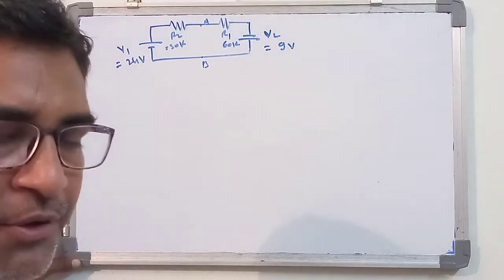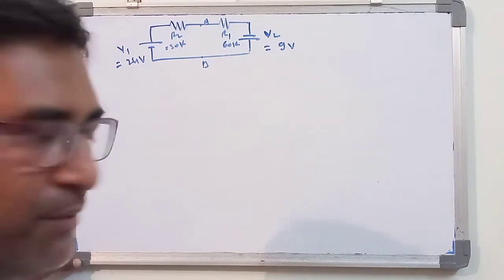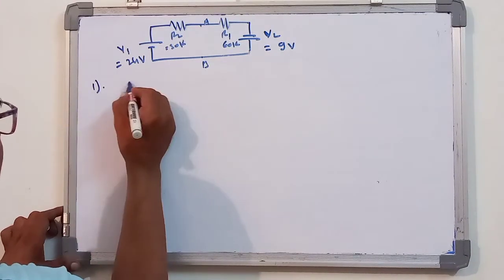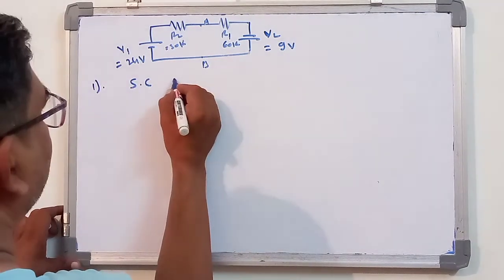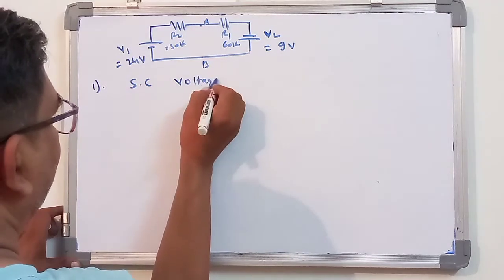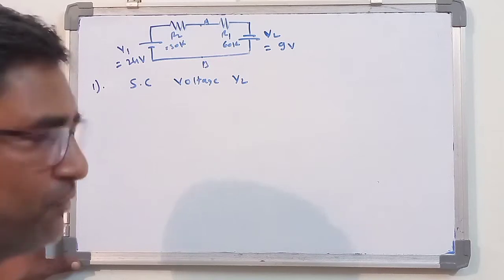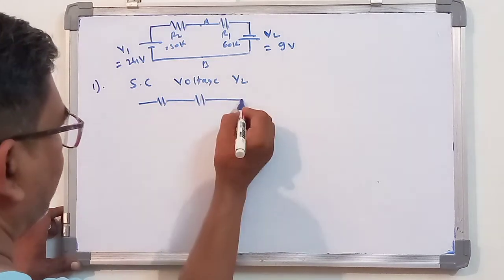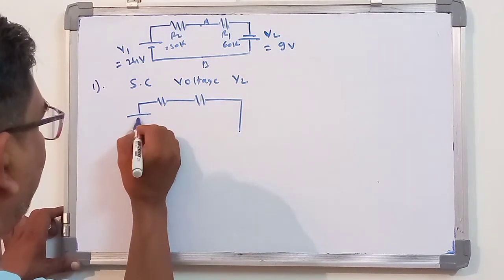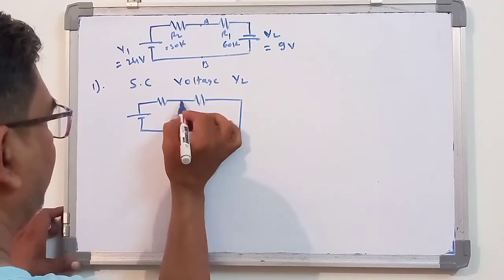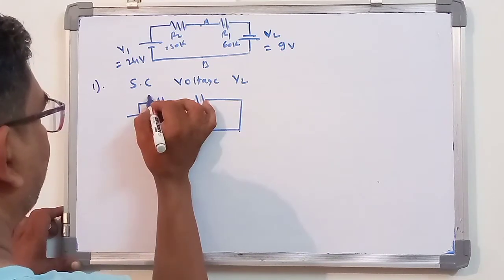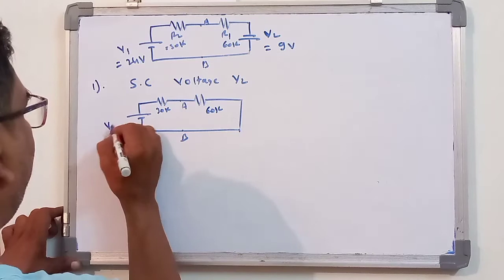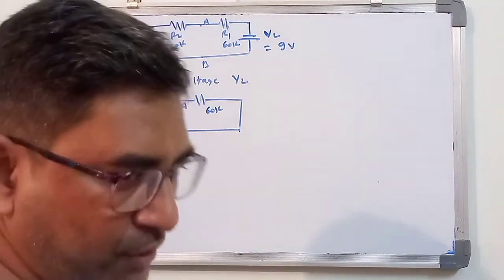Okay, and you are told to use the superposition theorem. What is the first step? Yes, the first step, you have to short circuit the voltage source V2, and redraw the circuit. So after short circuiting, the circuit diagram will look like this, with terminals A and B. Here the value for R2 is 30k, R1 is 60k, V1 is equal to 24 volt.